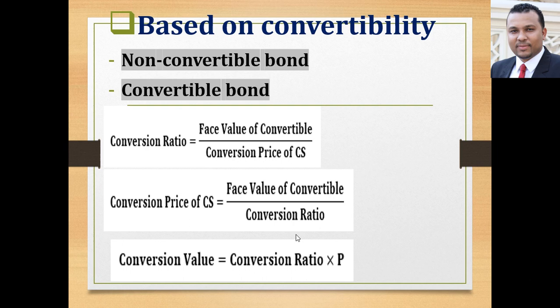Mainly, when we talk about a callable bond or putable bond, in all cases you need to compare the present value and the call price, or the present value and the put price for the investor.